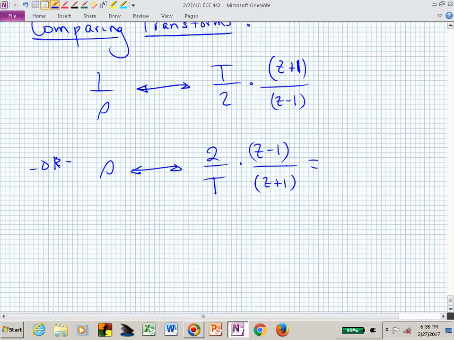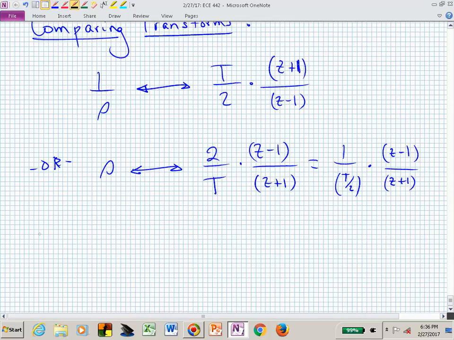Or maybe to make it look even more like what we've seen before, we could put this 2 in the denominator of the denominator, and then we have the z minus 1 in the numerator like we've had before, and then we had a z and a 1 before, and that's now coming in as z plus 1.